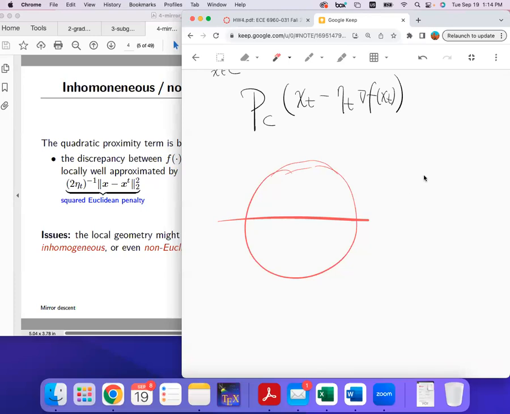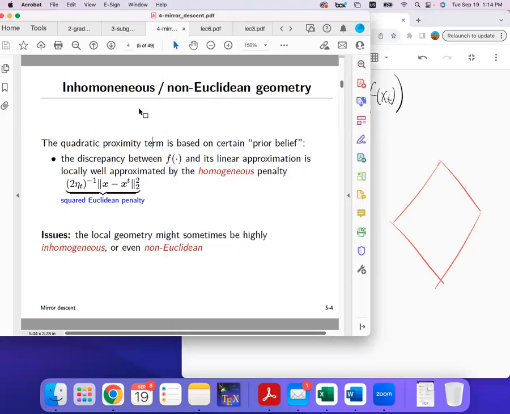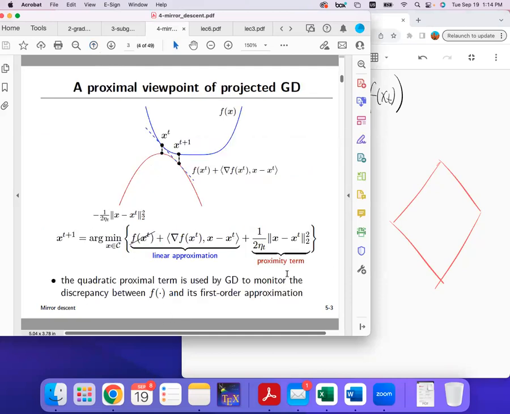But if you draw the L1 ball, it corresponds to a diamond. It is not homogeneous, right? So when you use different distance terms, you are imposing some prior belief on this problem. So when you use L2, you believe the problem is homogeneous across the dimensions.